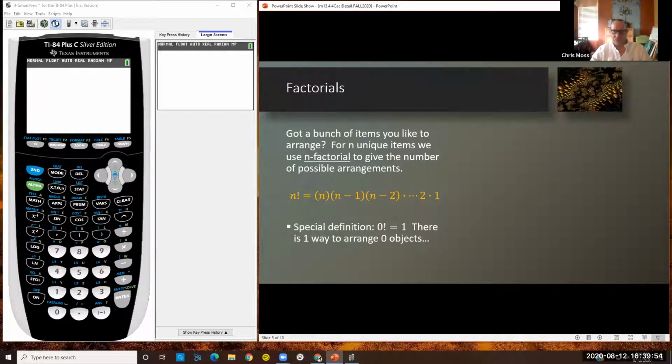Yes, that's the exclamation point, but here it's really a mathematical symbol. n factorial means n times n minus 1 times n minus 2, all the way down to times 2 times 1. We also have a very special definition. 0 factorial equals 1. Essentially, we define the number of ways to arrange 0 objects as a single way. Kind of interesting when you think about it.